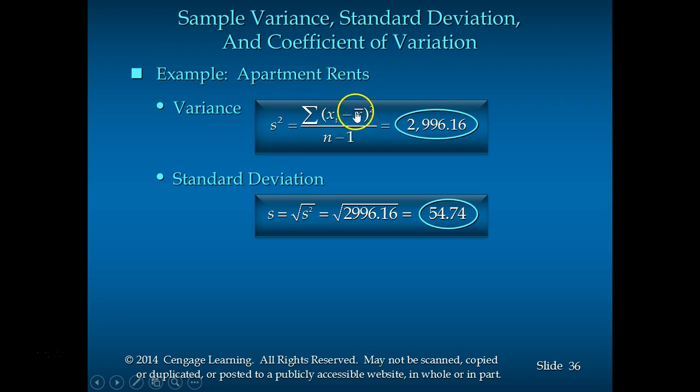But because you're putting the sample average from those 70 houses, each observation is, on average, going to be closer to the sample average than the population average.